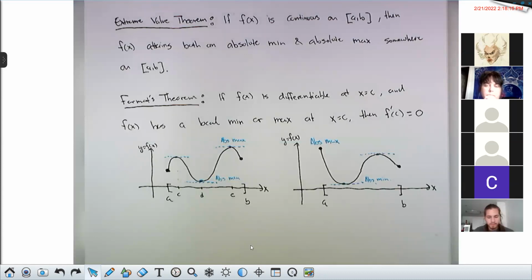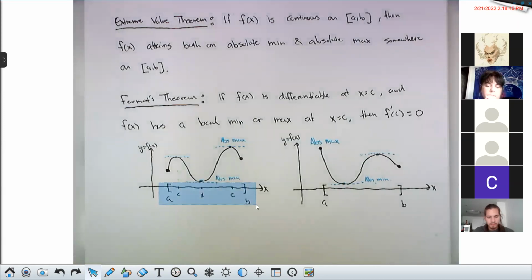Highest and lowest y values. Yeah, what Cameron said is exactly correct. If you have these x values, you can calculate the y values by plugging them into the original function. Whichever has the biggest y value is the absolute max. The absolute max must occur at one of the endpoints or one of these local extrema in between.